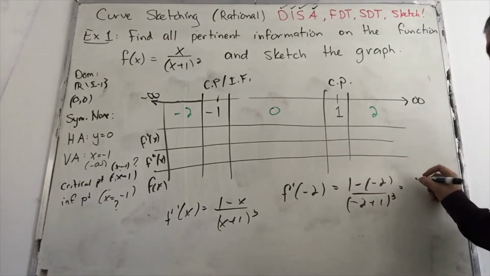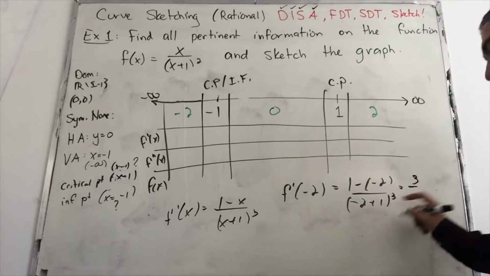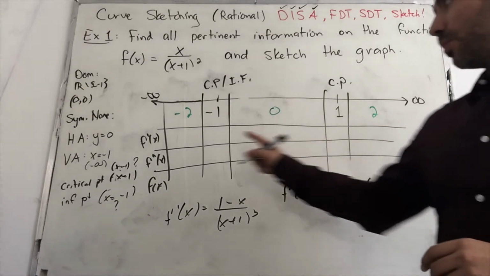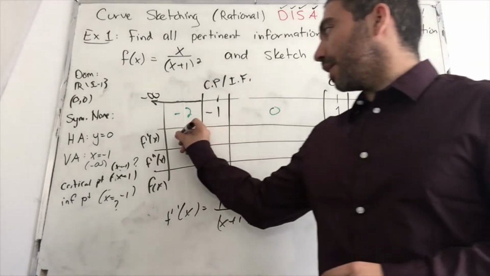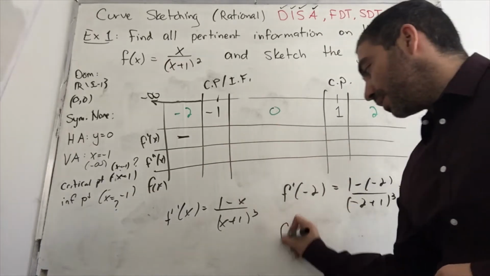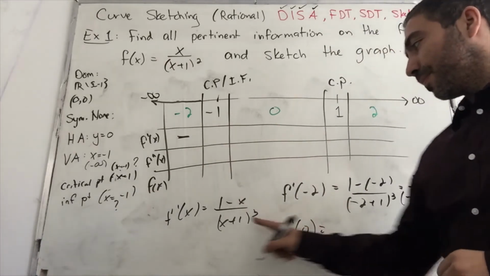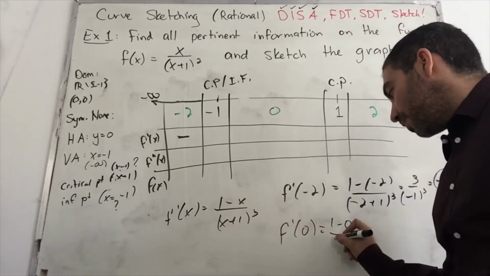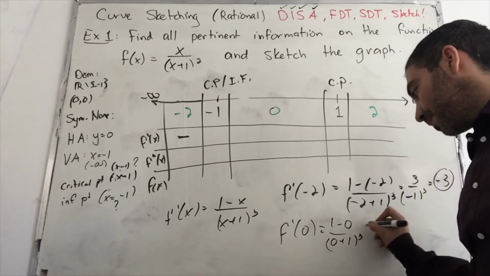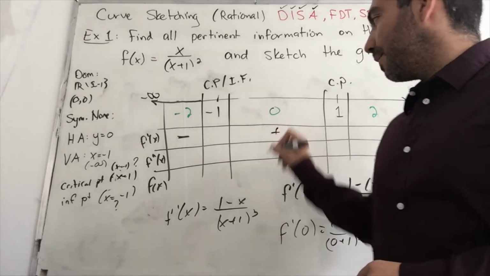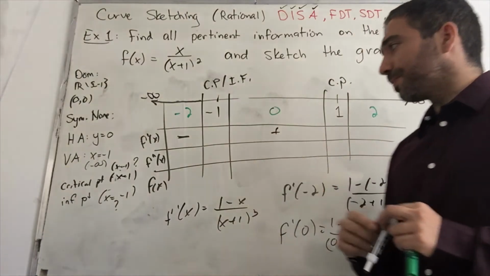This 1 minus negative 2 is 3, over negative 2 plus 1 is negative 1 cubed. This gives us negative 3. So when we plugged in negative 2, we got a negative value. Okay, let's check at 0. When we plug in 0 into our first derivative, we get 1 minus 0 over 0 plus 1 cubed, giving us 1 over 1 cubed, which is just positive 1. This gave us a positive, so it's positive on this interval.